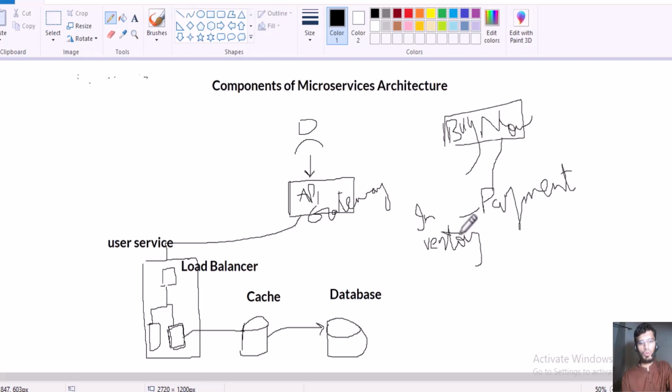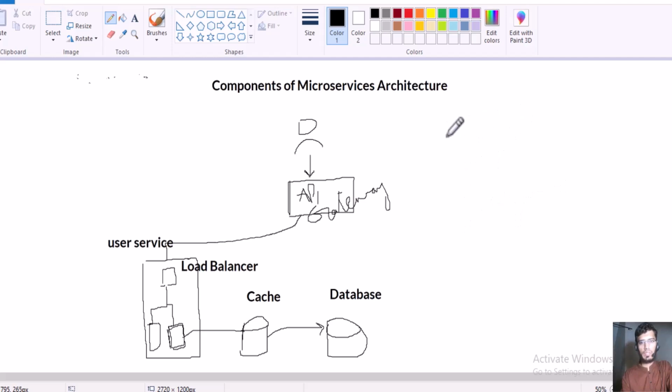To solve this issue, we have our sixth component, that is known as service registry.